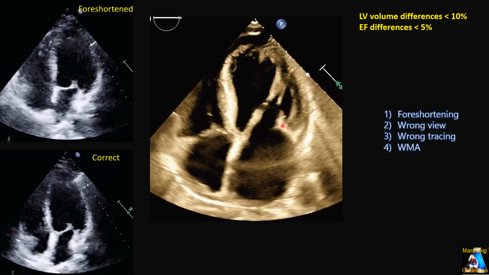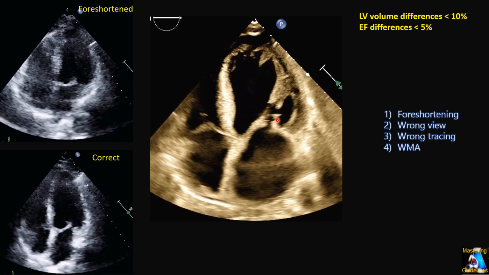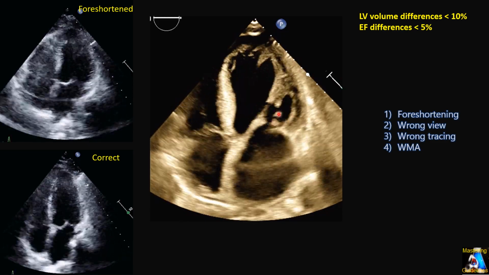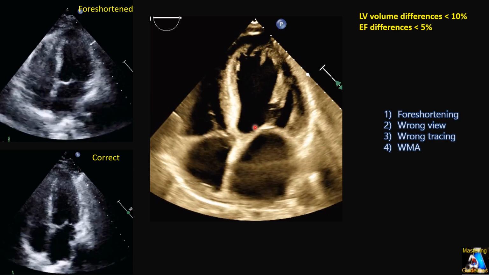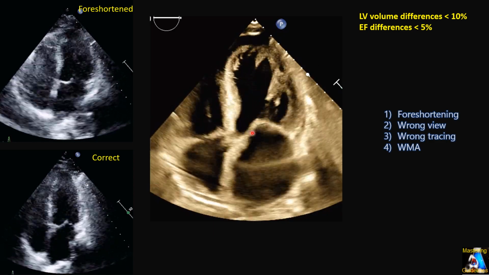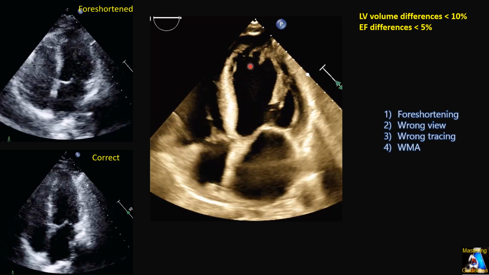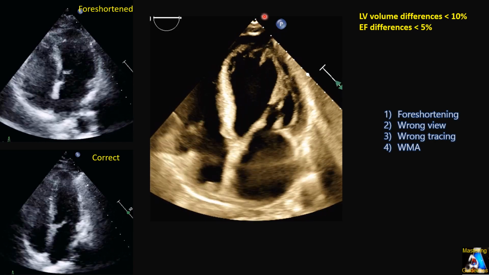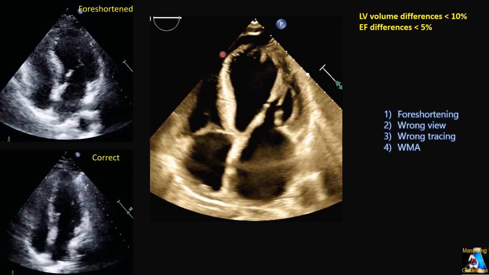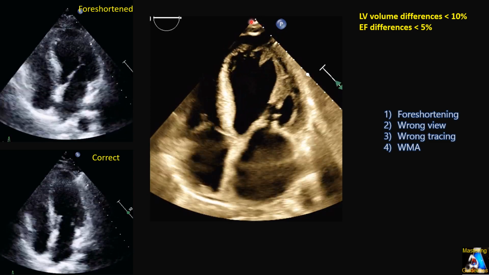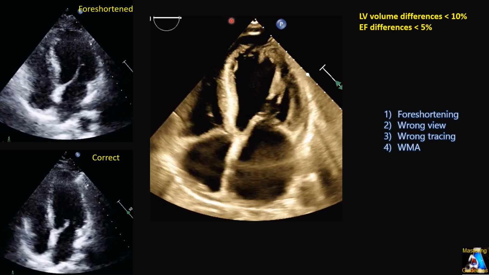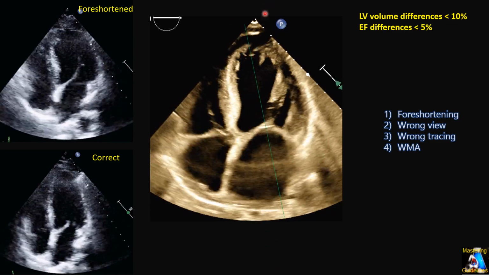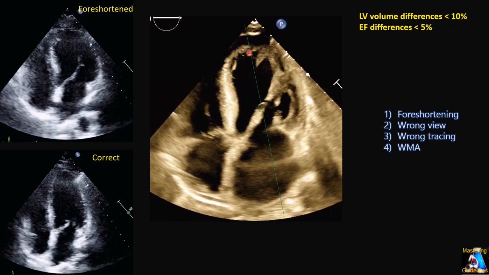In apical 2, the most important technique for getting the correct apical 2 is to get apical 4 correctly first. For that purpose, we have to bring the apex of the heart to the center of the sector. Here it is a little too medial, so we have to move our probe a little medial this way, so that it corresponds exactly parallel to the left ventricle axis.